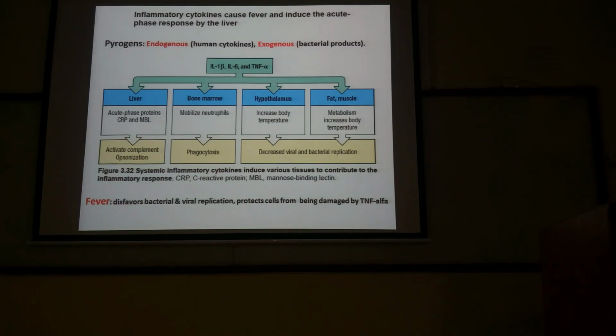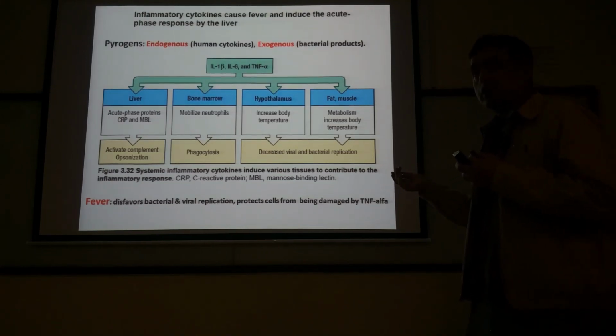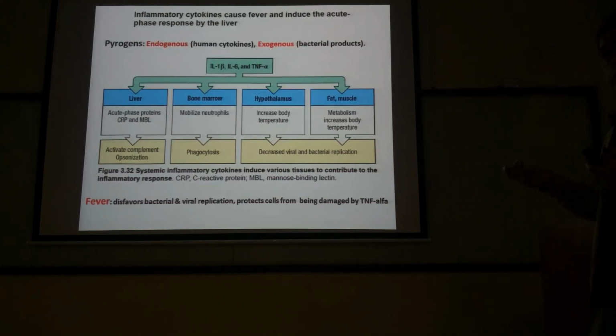Okay? So the fever response is a normal physiological response of your body, and the body is generating fever in order to stop the replication of the pathogen, which can be a bacterium, a virus, or other microbe. Okay? That's the process that is going on.